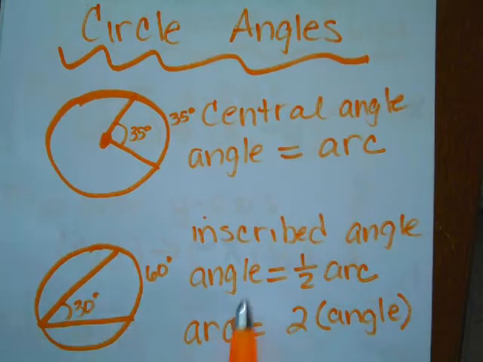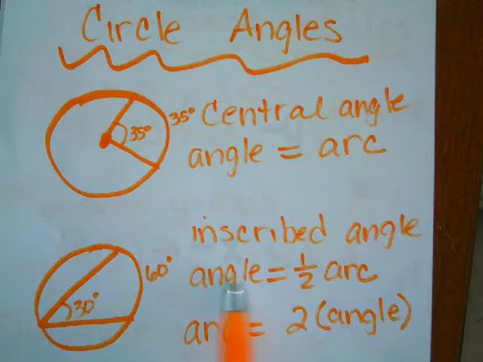So if I know the angle, I know that the angle measure is half of the arc. If I'm given the angle, I just multiply the angle times 2 and that'll tell me how big the arc is. Okay? So the angle equals half the arc, and the arc equals 2 times the angle.